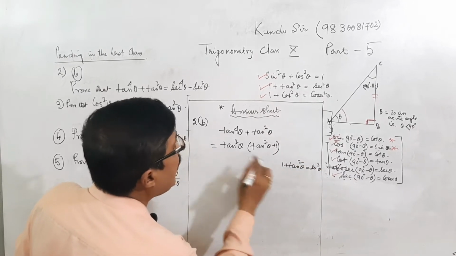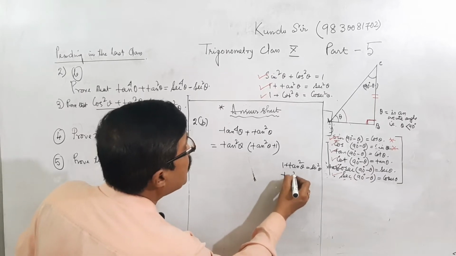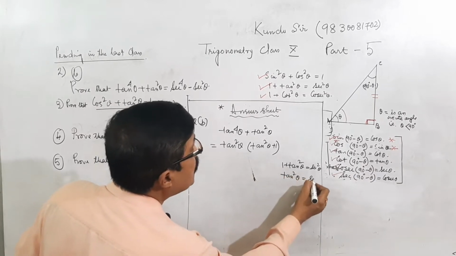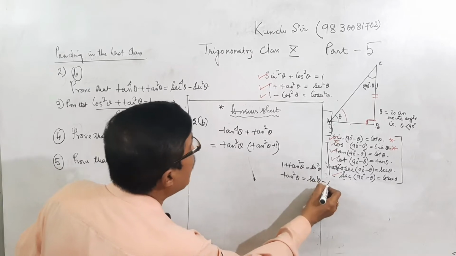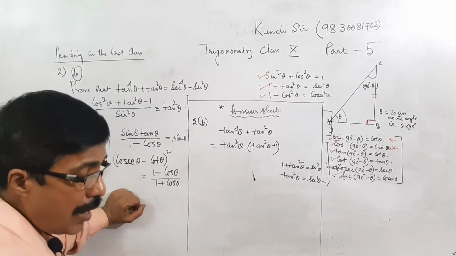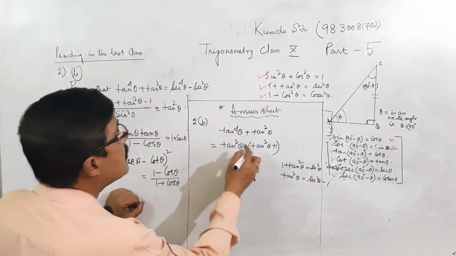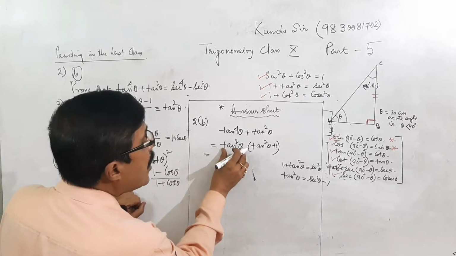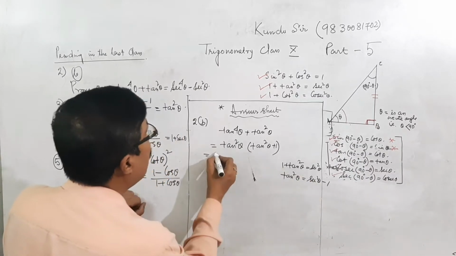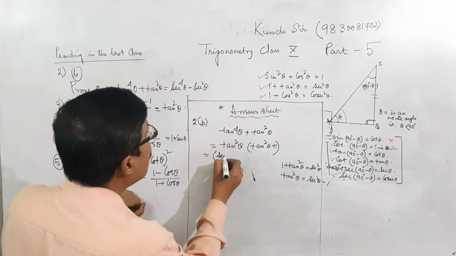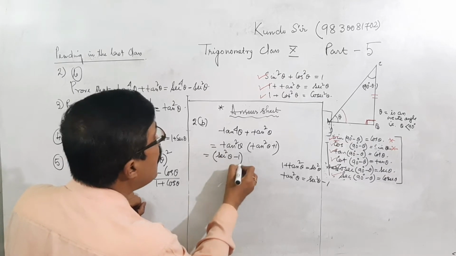So tan square theta can be converted into sec square theta minus 1, and 1 plus tan square theta into sec square theta.